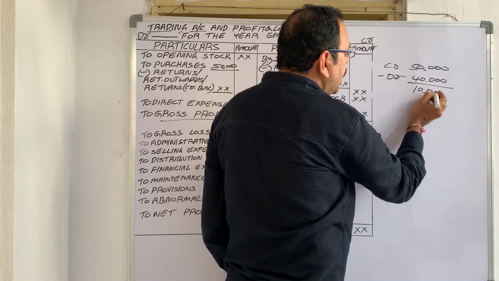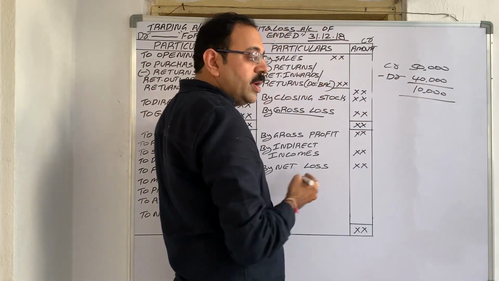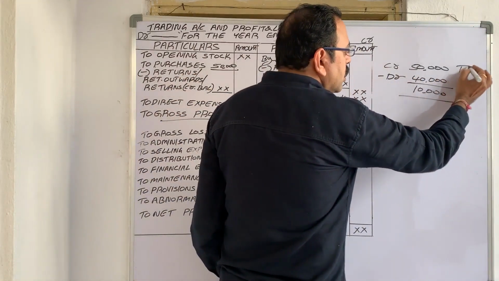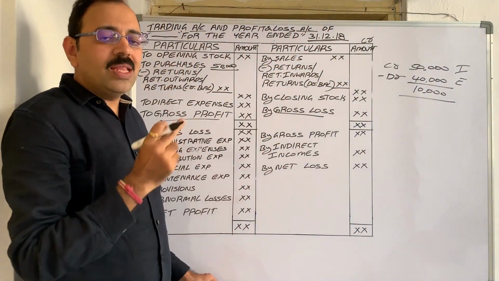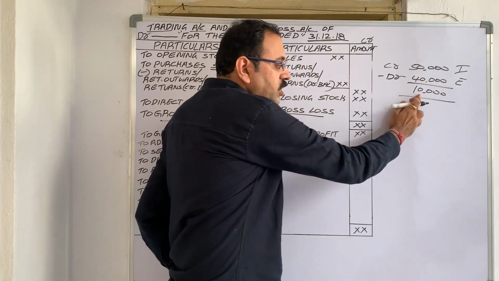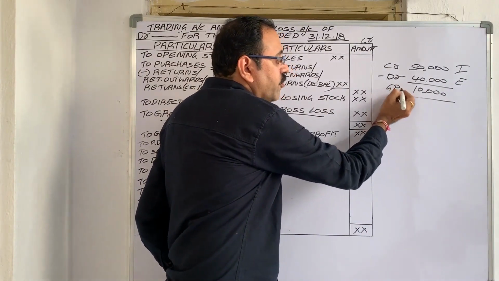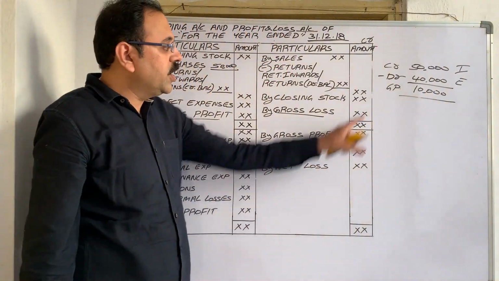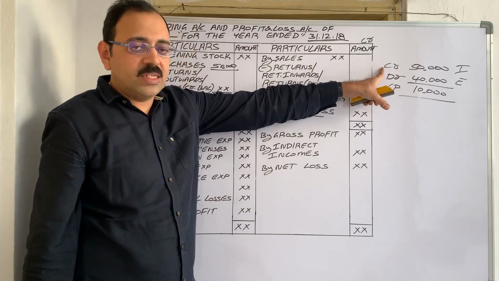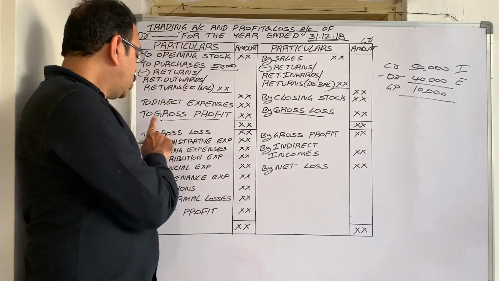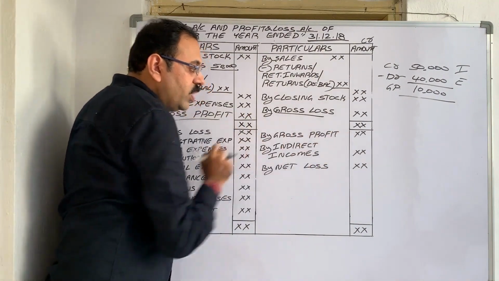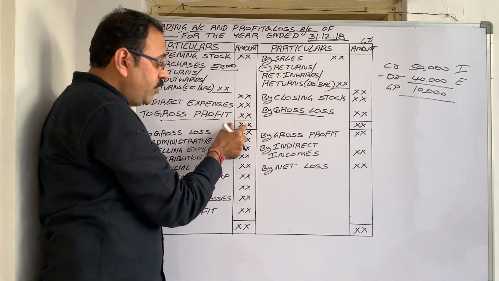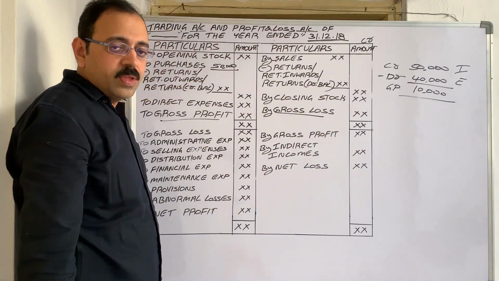Then the difference, 10,000, is what? On the credit side we wrote incomes, on the debit side we wrote expenses. Since income is more than expenditure, the difference is called gross profit. We said we should write it on the side whose total is less. So on the debit side, "to gross profit 10,000" we have to write. Then the two side totals will be credit total 50,000 and 50,000.